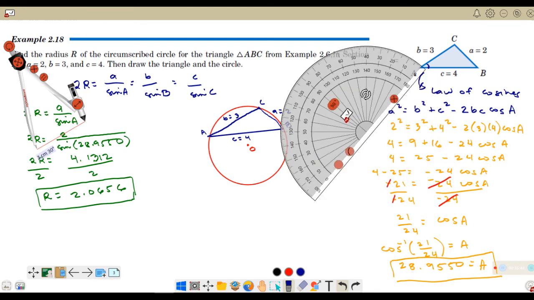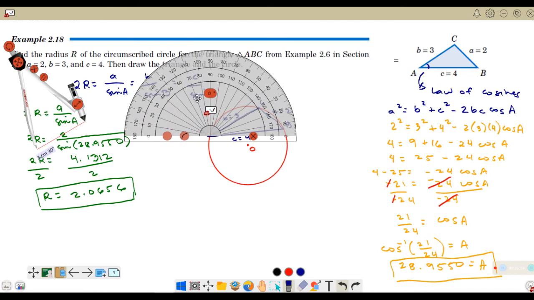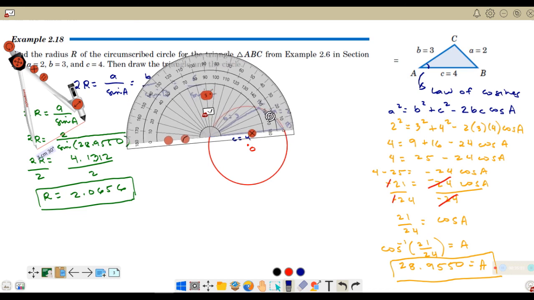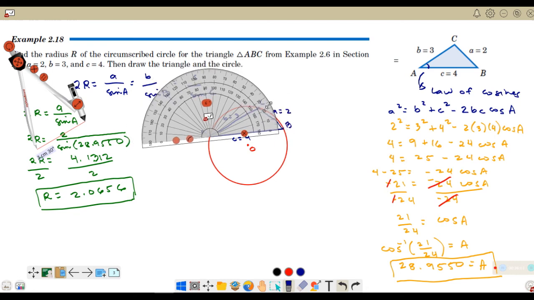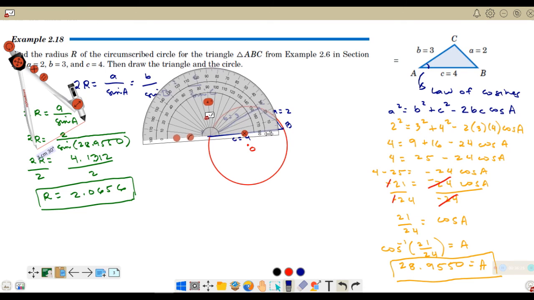Tapos sukatin niyo yung measurement ni A. Dapat si angle A ay 28.96 or about 29. Close to 30, but not equal to 30.